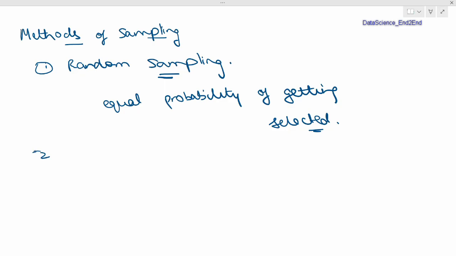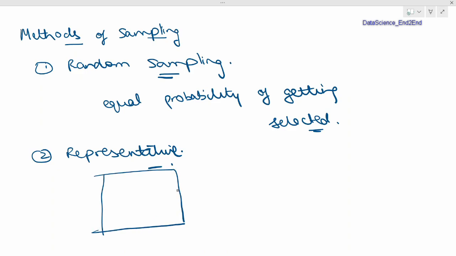The second sampling method is called representative sampling. Suppose this is your locality A, and there are different types of shops here.